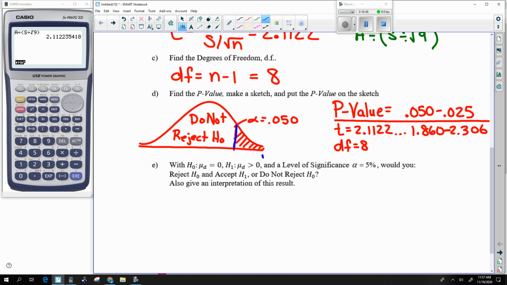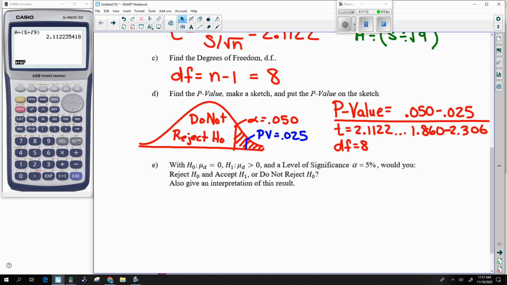So the distance from the edge is shorter. This is 0.025, and that is distinctly shorter than my alpha. That falls into that rejection zone.